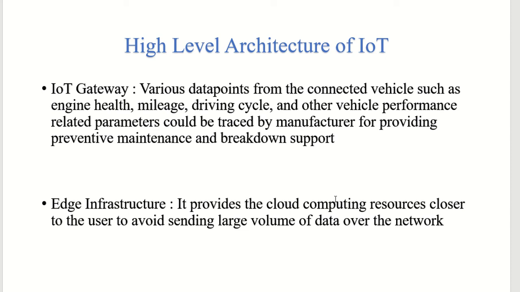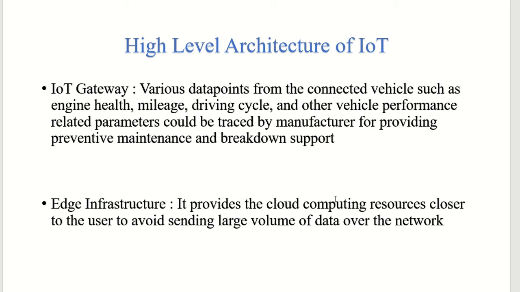If your car, for example, is connected to GPS, then there will be a number of cars connected to the GPS as well. So if all cars are connected to the GPS, then how would you identify, how would you send the signal?